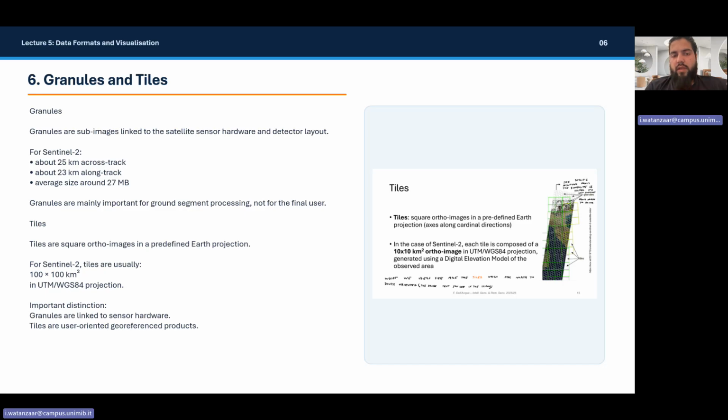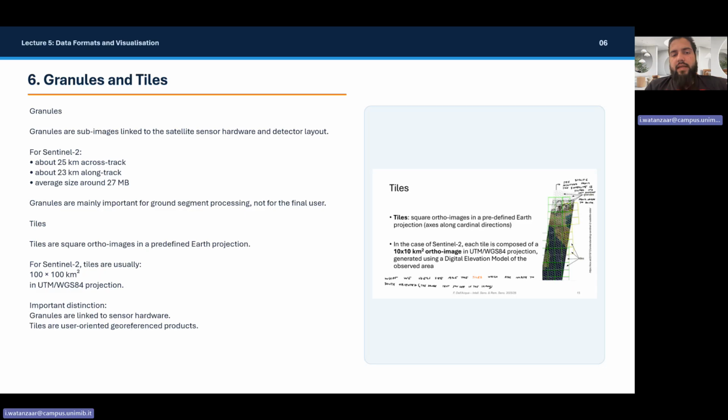So granules are mainly important for ground segment processing, not for the final user. The final user does not have any dealing with granules. In terms of understanding remote sensing, we can assume that granules are linked to sensor hardware and tiles are user-oriented georeferenced products. With the tiles, the final users are dealing.